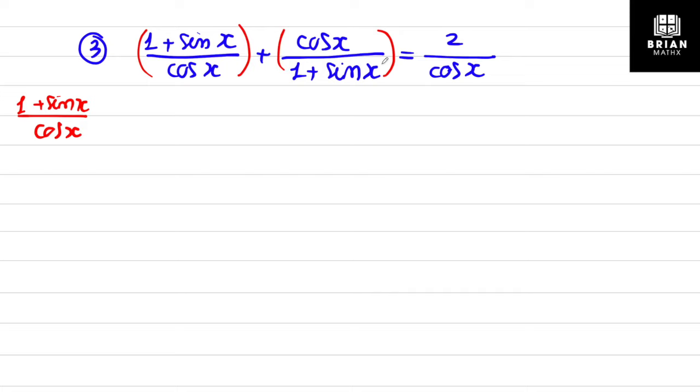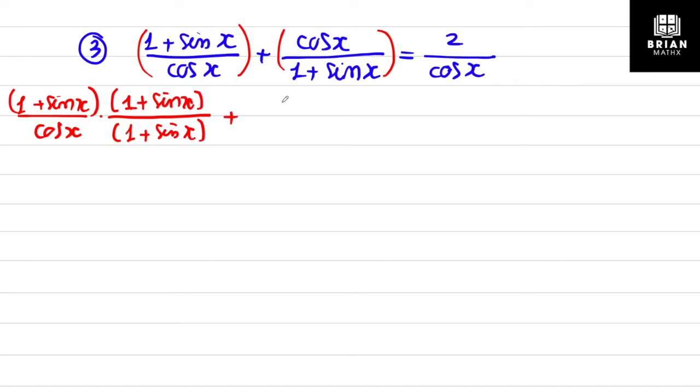So I will change them to one common denominator by multiplying. I multiply the first fraction with 1 plus sine x. Why do we choose 1 plus sine x? Because the other denominator is 1 plus sine x. So I multiply the numerator with 1 plus sine x, and also the denominator with 1 plus sine x.